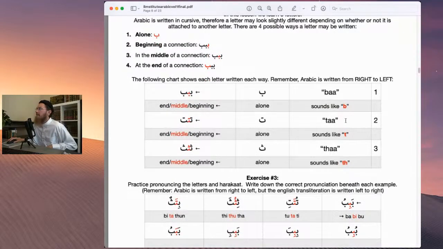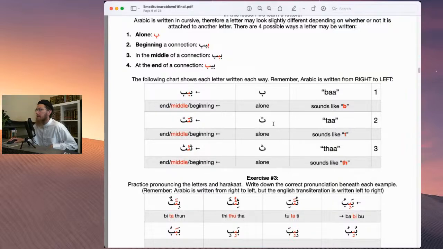And then we have the letter ta. The letter ta sounds like the English T. So when we see a ta, we're going to write a T underneath to represent that sound. Okay? Now, the letter ta, here's what it looks like alone. As we can see, it looks similar to the ba, except instead of one dot underneath, it has 2 dots above it.